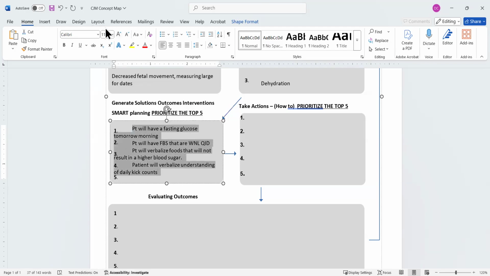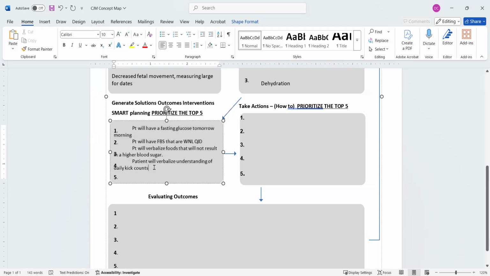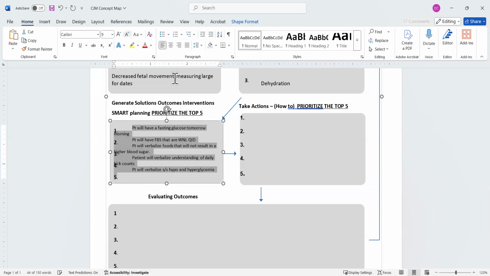I'm going to make this a little bit smaller so that we have room. Let's see, what else would we want them to do? Oh, patient will verbalize signs and symptoms of hypo and hyperglycemia. So really important to then, let's make it even smaller so that you can see the whole thing here.